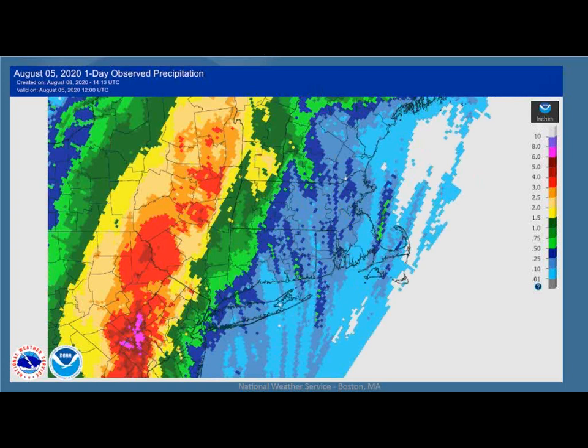So that's one of the big things, that when we're looking at these systems several days out, any sort of small shift in the track can shift where the heaviest rainfall or the strongest winds can occur when they get up this way. So that's one thing to pay attention to when looking at these storms several days out.